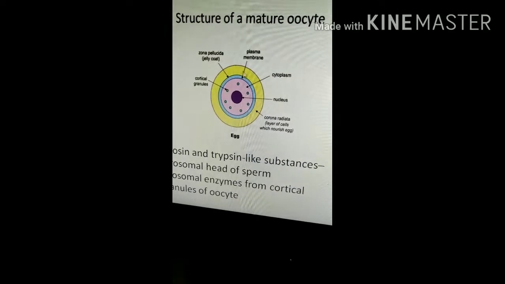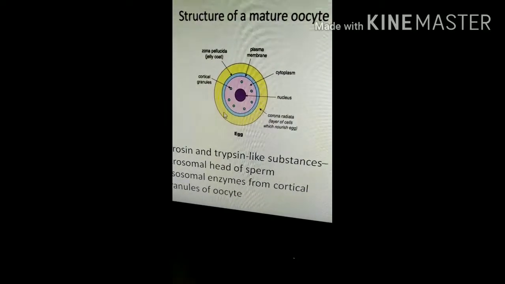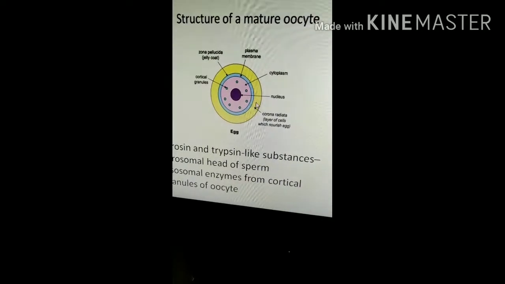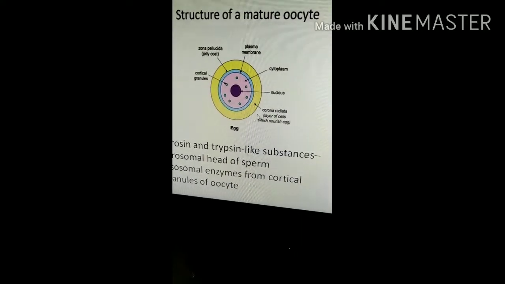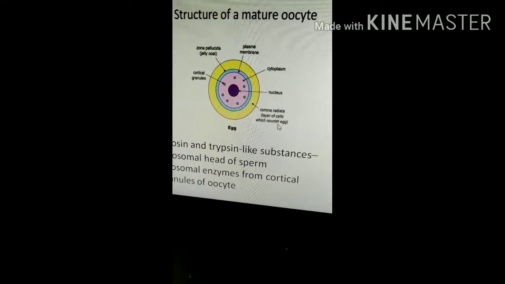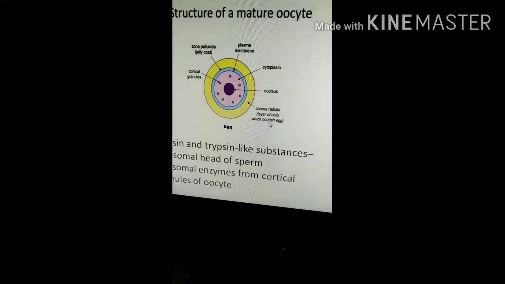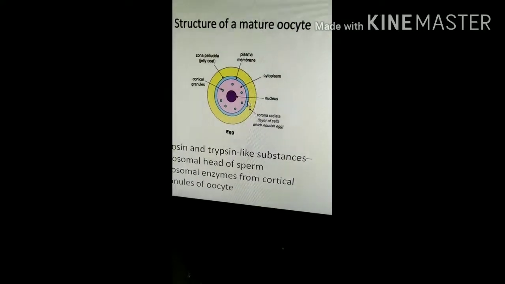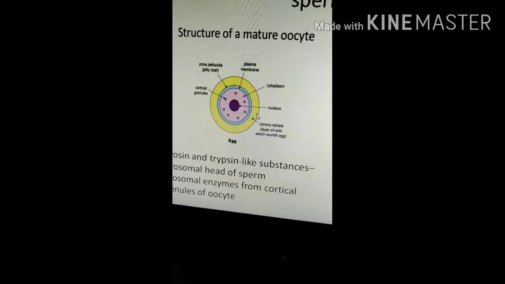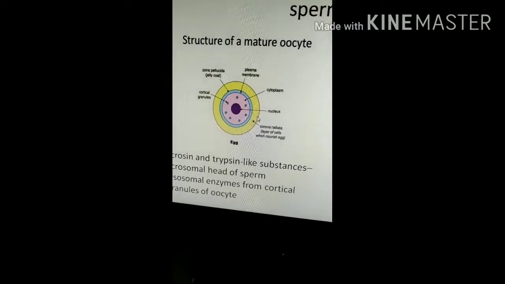After that, the outermost covering is the corona radiata, made of granulosa cells. These cells are also known as the nurse cells. These cells give nutrition to the oocyte. These are the structures of the mature or secondary oocyte.